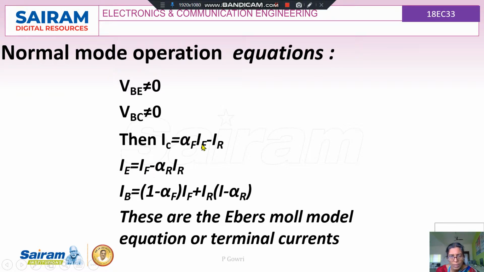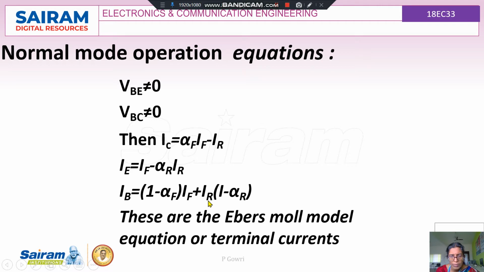These two equations indicate that IC depends upon the forward current and IE depends upon the reverse current. And the base current, the third terminal current, we know IB is equal to IE minus IC. So I can write it as 1 minus alpha F into IF minus 1 minus alpha R into IR.